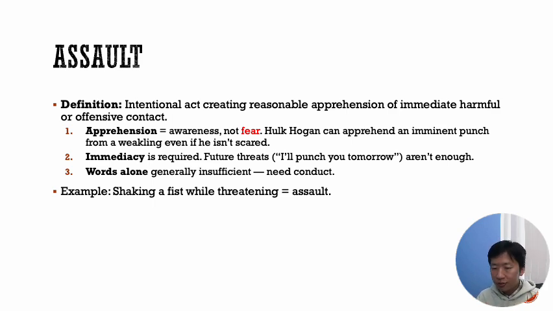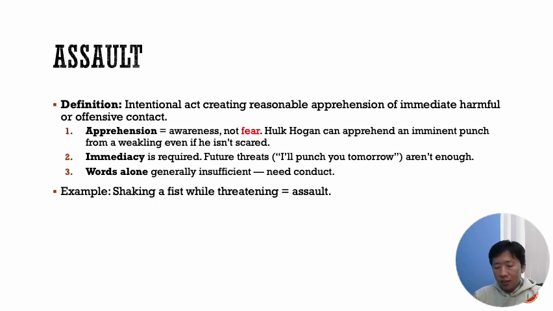The third is the pitfall the students always miss: whether wording is sufficient for assault. The general answer is no. Wording alone is not sufficient for assault.